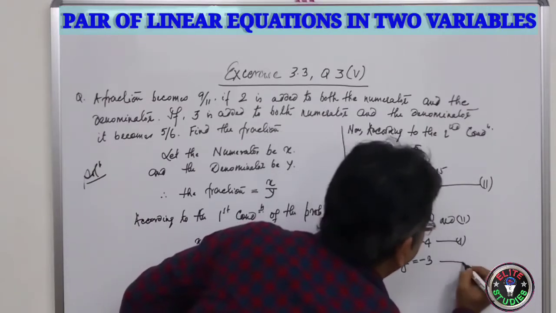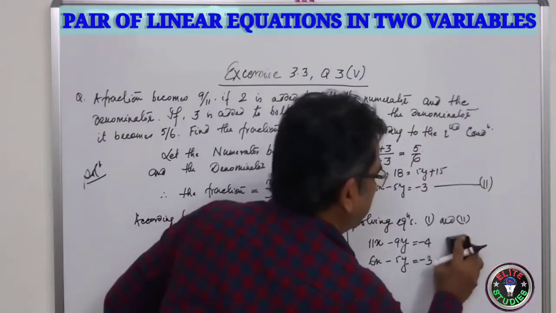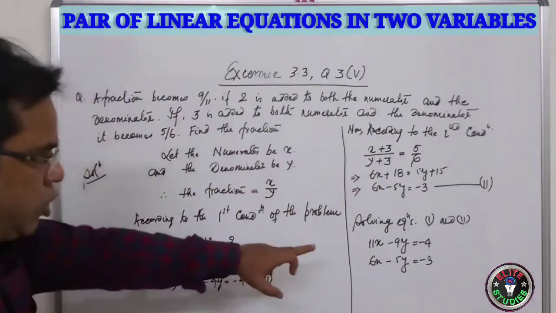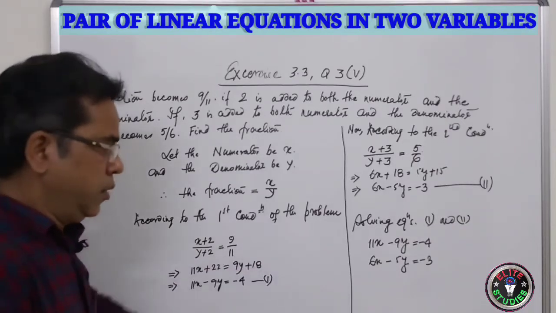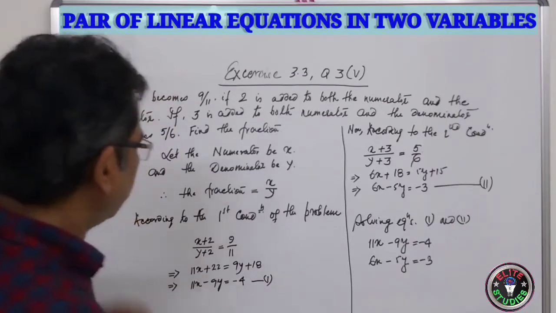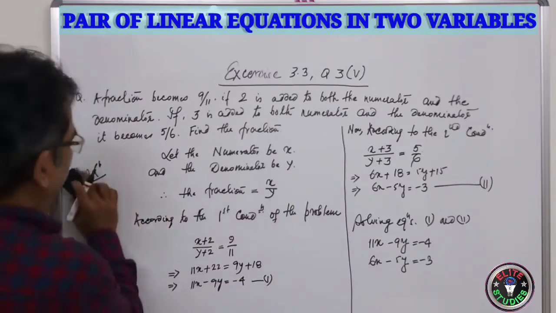This is equation 1 and this is equation 2. We have to solve these two equations. How? By the method of substitution. You can take the screenshot. Now we'll solve it.